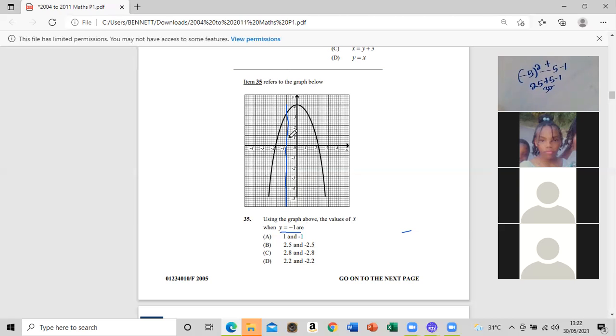So y equal -1 at the line here, you know. Help me know. How did they get the values? I don't know. Sir, but if I look on the other side, where x is, you see the 1. So that's why I say 1 and -1. Yeah, but they never said when y equal 1. But he said when y equal -1.